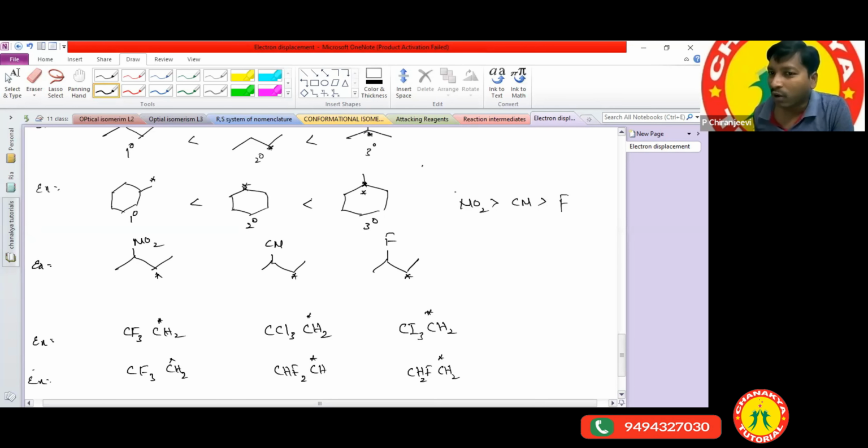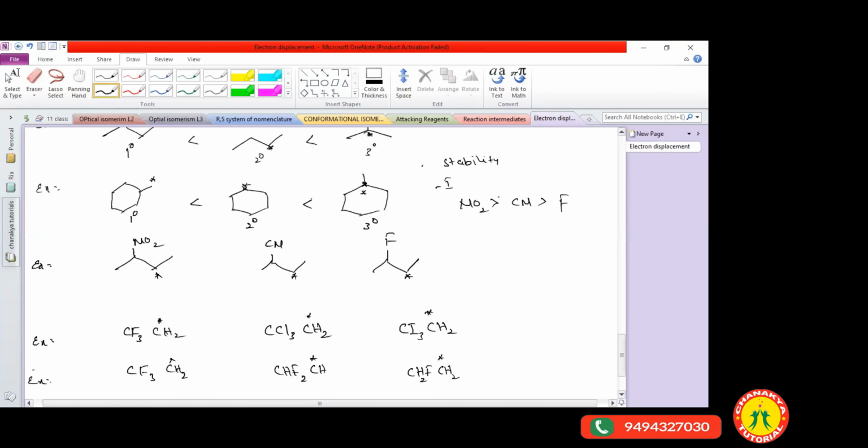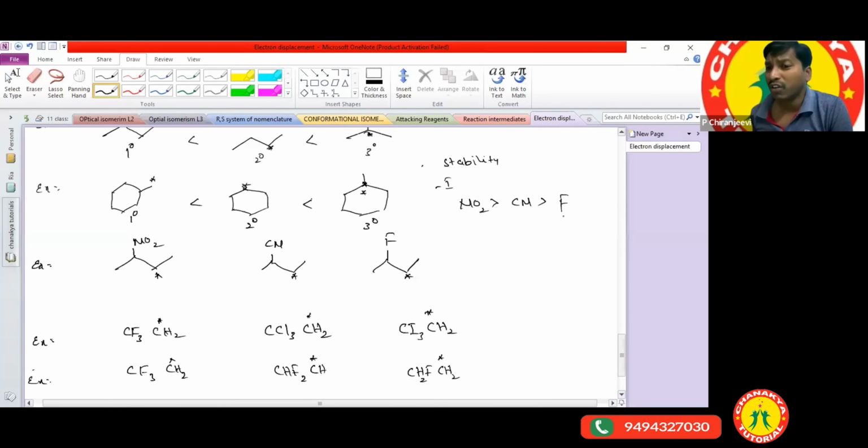All these are minus I groups only. Minus I groups and stability: is it inversely proportional or directly proportional? Aditi. It's inversely proportional. Whichever has the weaker strength, the greater the stability. Greater the electron withdrawing group, lesser the stability.